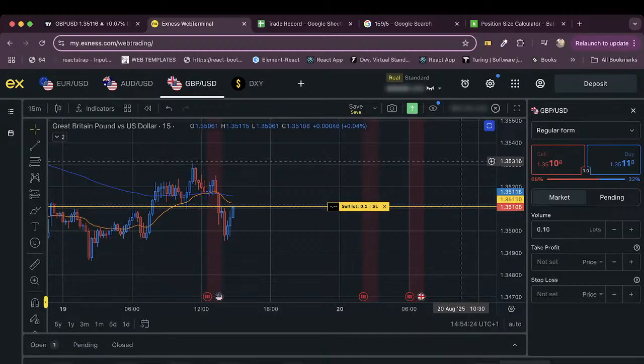Do I have to size down? Do I have to do more backtesting or more research? What did I do wrong? Those are the ways you can pretty much get solutions to issues rather than reacting to the emotion that comes with it.